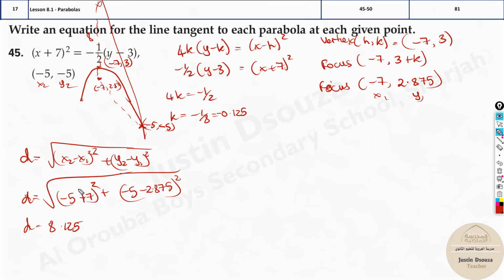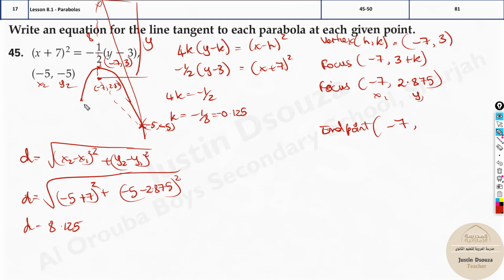You need to add this 8.125 to this y, right? This is the y-axis, not the x-axis. So the other point, the end point of the tangent, would have the x value the same, minus 7. Even the vertex, minus 7, all this will lie on the same line.